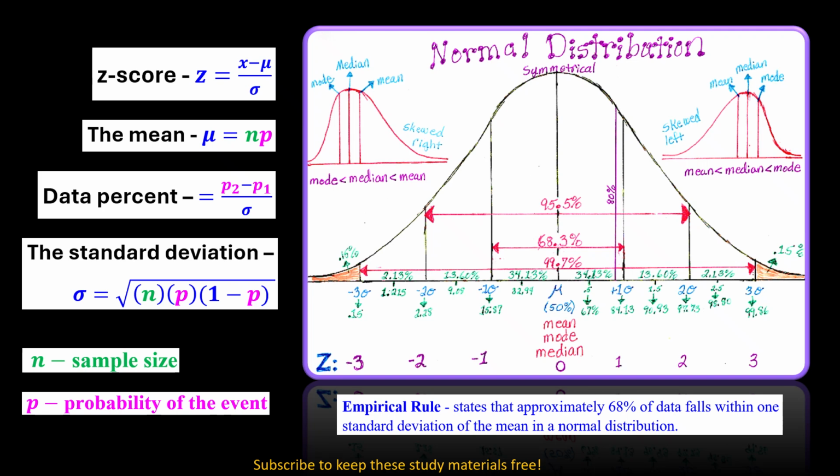Notice you have your z-score at the bottom. Your z-score is your standard deviation, and when they say within one deviation, they mean plus or minus. That is 68.3%, rounded to 68 when we say approximately.